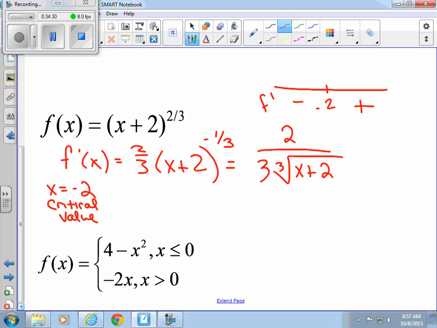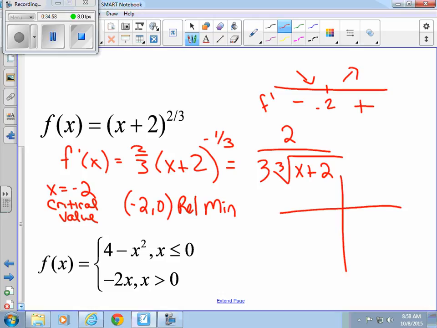So what is negative 2? The relative minimum. How do I find the minimum point? Plug negative 2 into the original, and what do I get? 0. So I have a relative min at (-2, 0). If we had more time, I'd have you graph this in your calculator. But it looks like this.